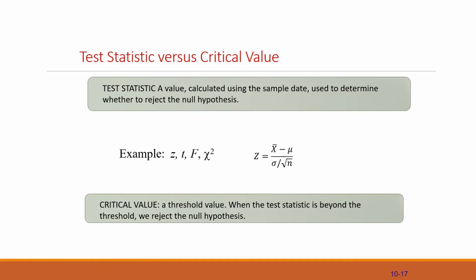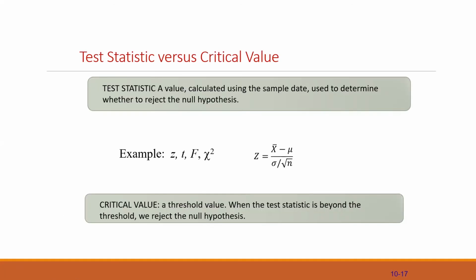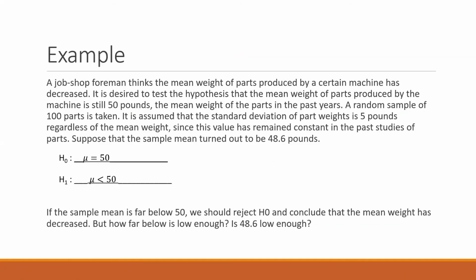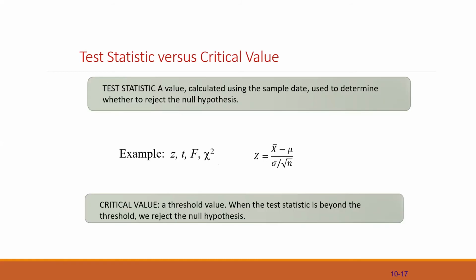There are two decision rules. One is called critical value. Not a big fan of it, and I do not intend to go over the critical value. I would rather we go over another decision rule, which is called the p-value. That's much easier to use and more relevant for our course, okay?